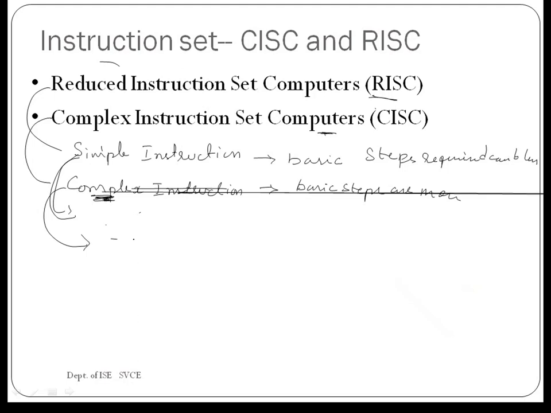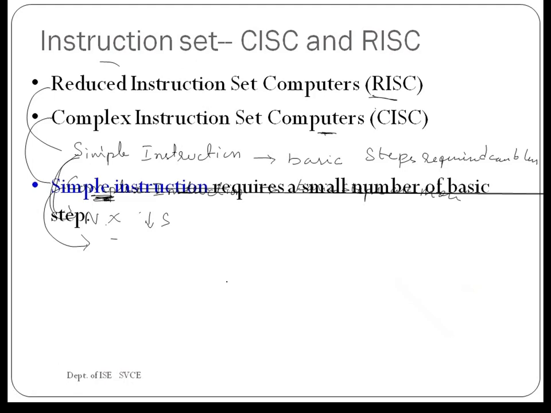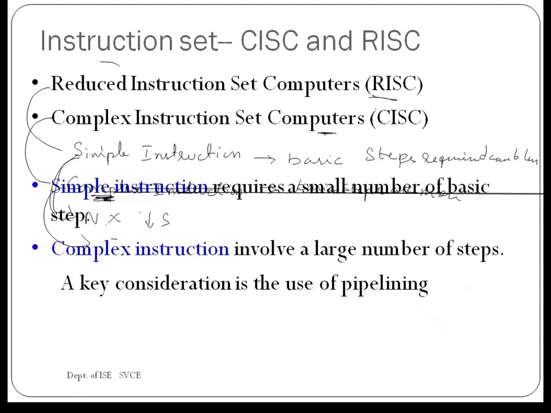This could lead to N value being more and S value being small, so a lesser number of basic steps is required. This is how the instruction set architecture plays a major role in measuring performance, and the type of instruction set you use affects the performance.